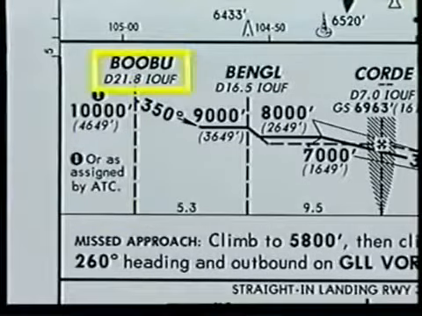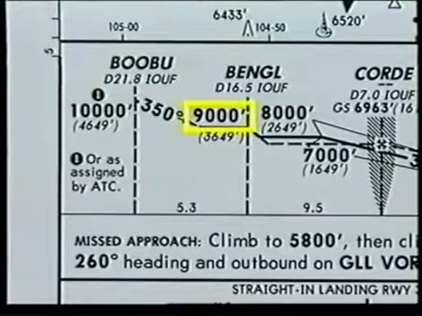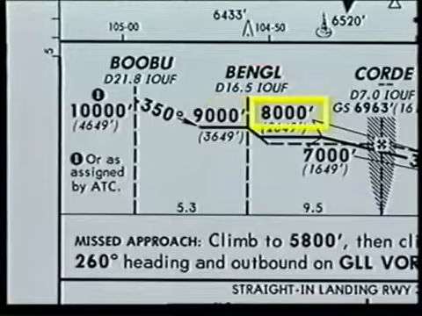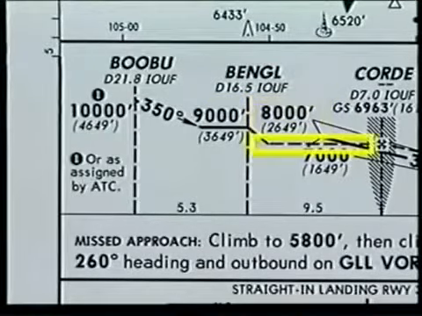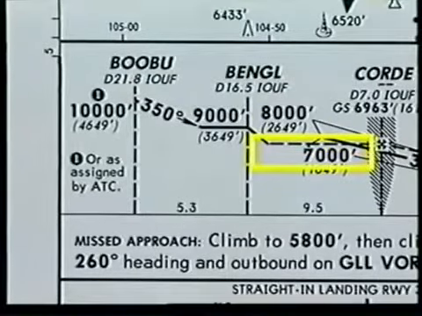After you have passed the Boo-Boo intersection, which may be identified by the 21.8 DME of the ILS localizer, you can descend to an altitude of 9,000. After passing 16.5 DME, which is Bengal intersection, you may descend to 8,000 feet to intercept the glide slope. However, for the localizer-only approach, you may descend to 7,000 feet.